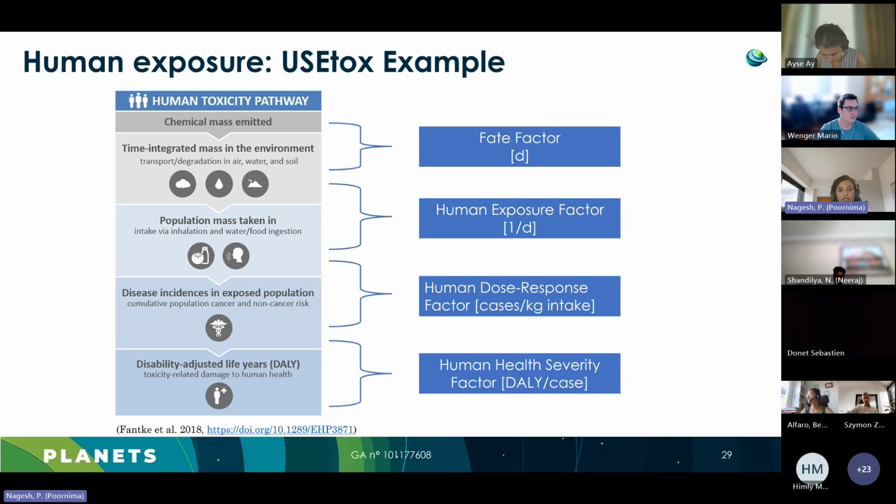So it provides a significant input towards understanding how much a substance emitted can affect human exposure. This is actually the functioning or framework of the USEtox model, but I will next give an insight of how the model actually works.